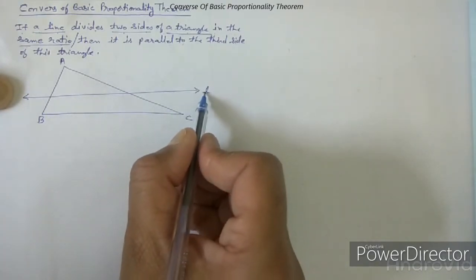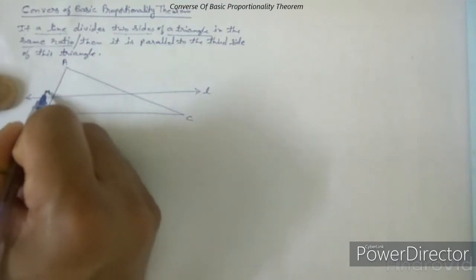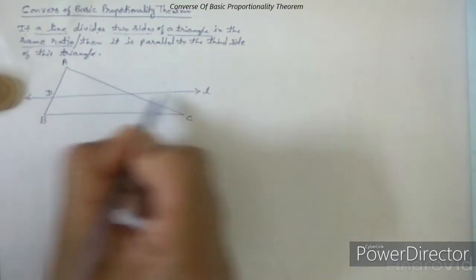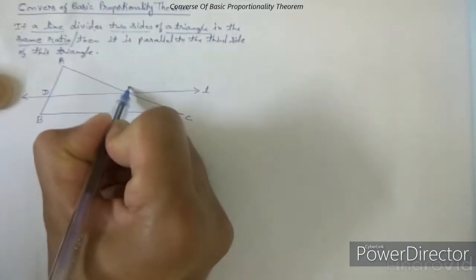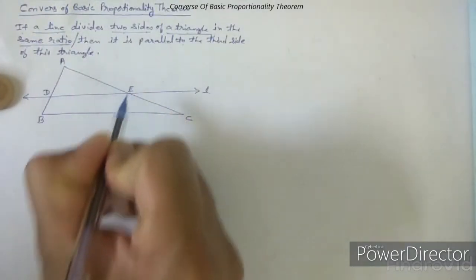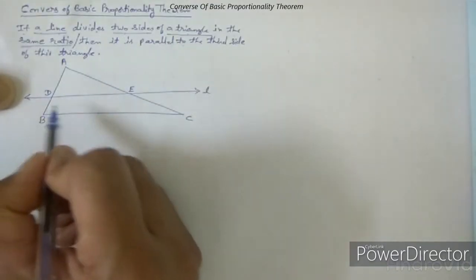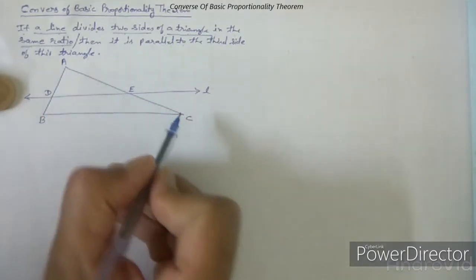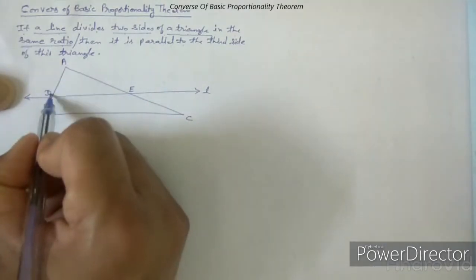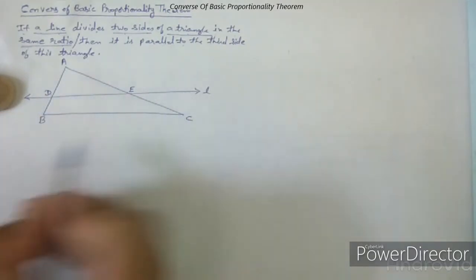Let us suppose line L intersects side AB at point D, and this line intersects side AC at point E. So here ratio of AD and DB is equal to ratio of AE and EC. That is, AD upon DB is equal to AE upon EC.